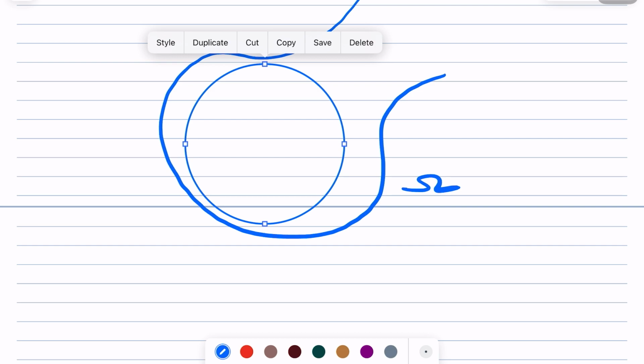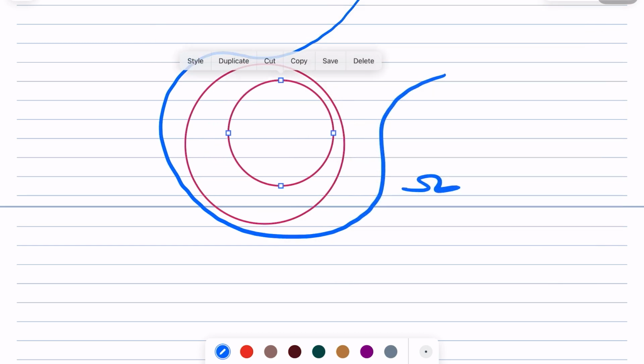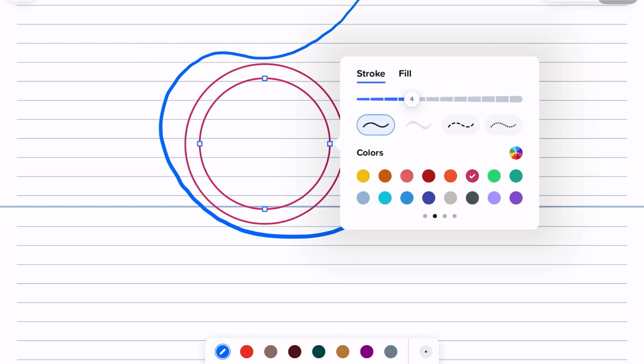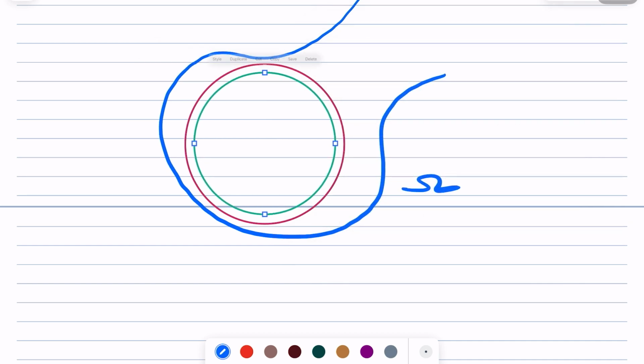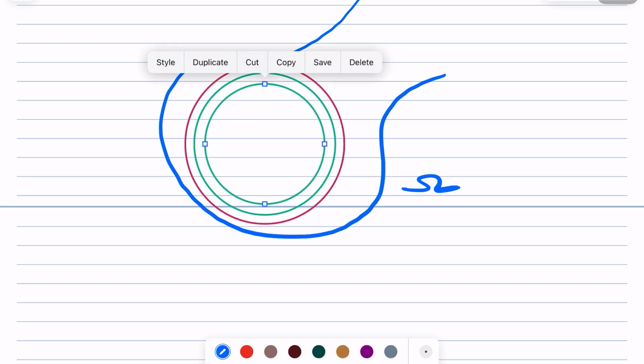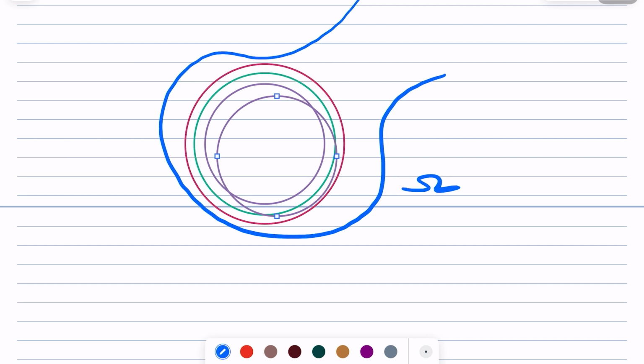So then we just study this. Let's use some nice colors. Let's use this color, for instance. What do we do? We just duplicate those. Then again, I duplicate it, and style it.